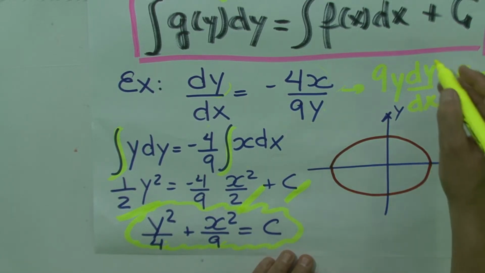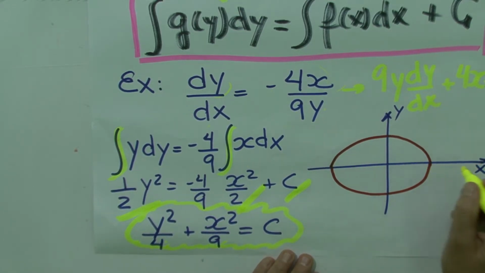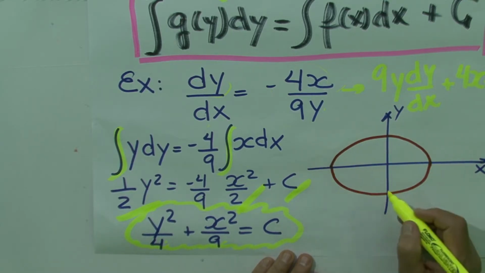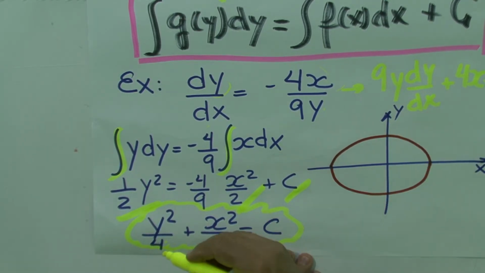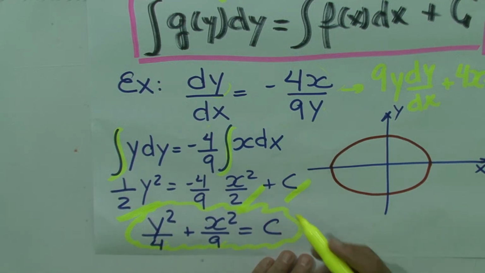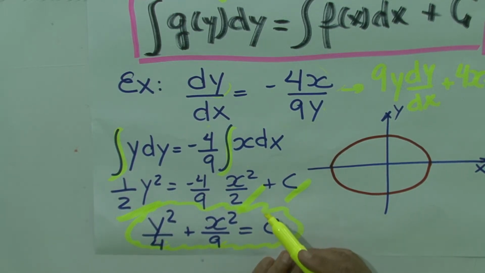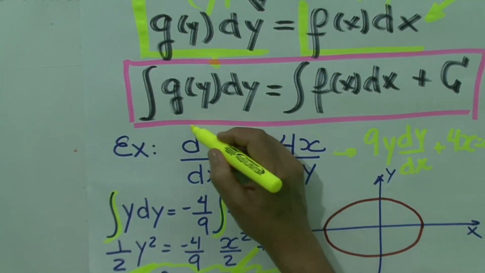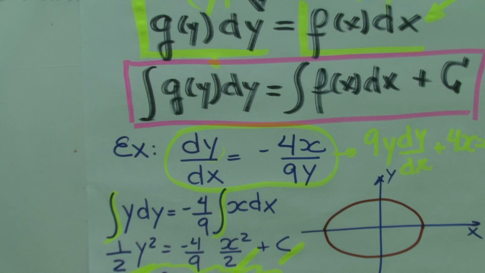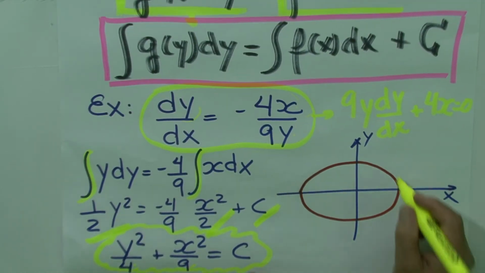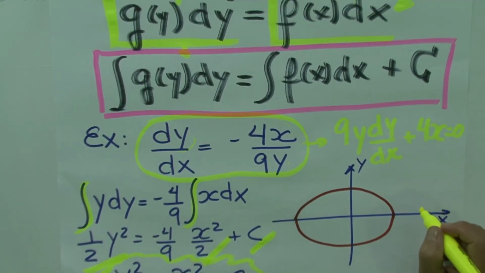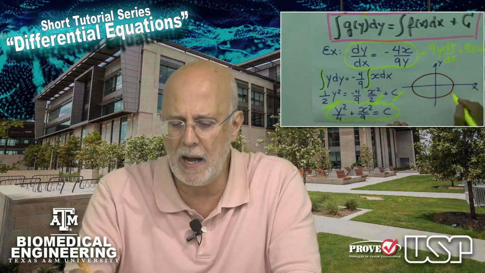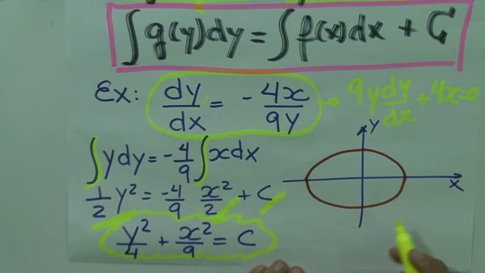Actually, this ellipse is elongated in x and shorter in y, because 4 is 2 squared, and 9 is 3 squared. So it's very interesting that the solution of this differential equation in a graphical representation provides an ellipse for us. Sometimes it's very useful to recognize the graphical interpretation because it makes sense in many things.